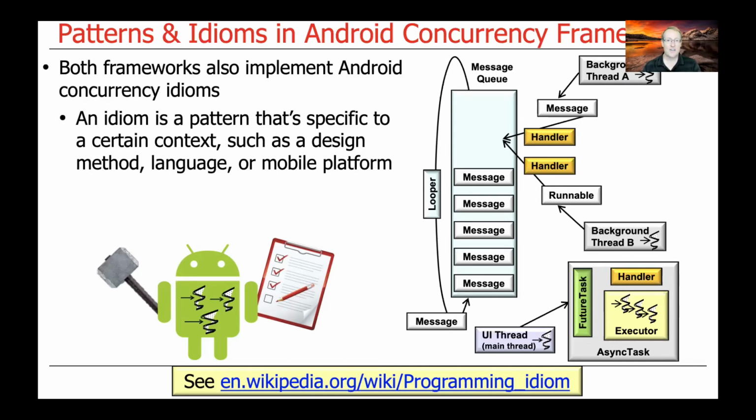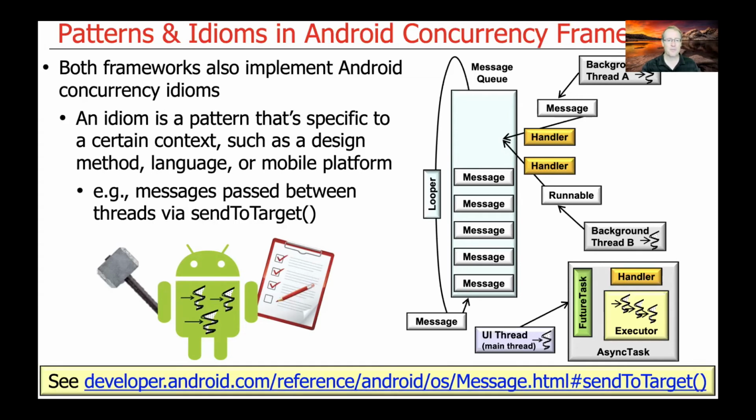As you can see, if you take a look at the link down below, programming idiom, it talks about how an idiom is a limited pattern. It's still a pattern, but it's a pattern that's really specific to a particular context. And we'll talk about some of those things here. These examples would largely relate to Android, although some of the patterns are also broader than that.